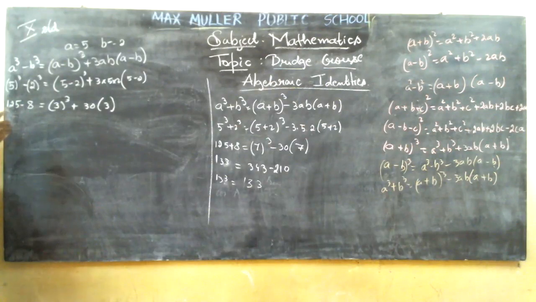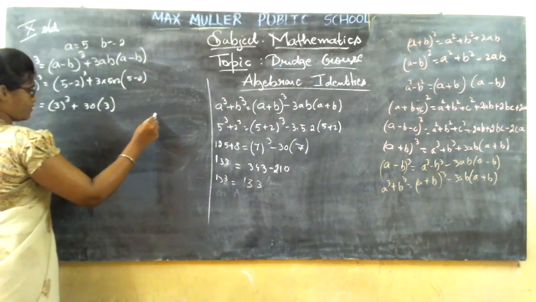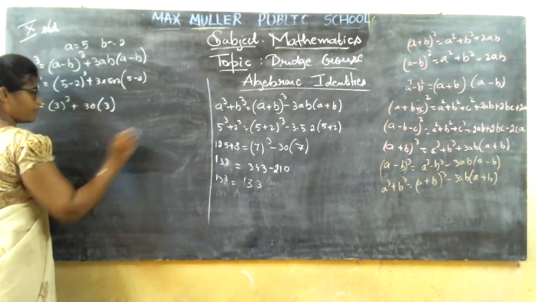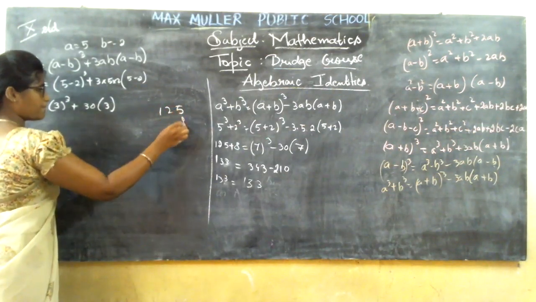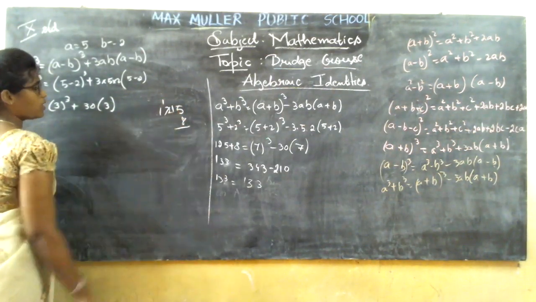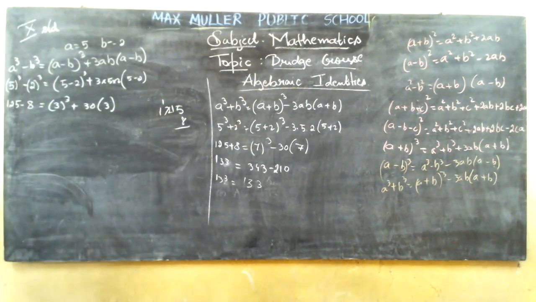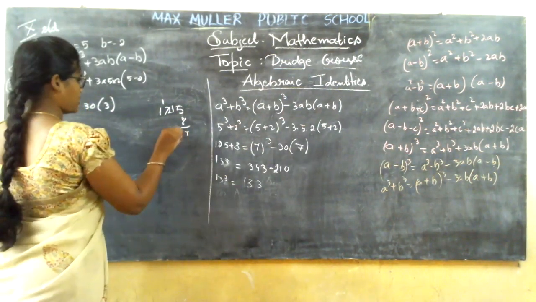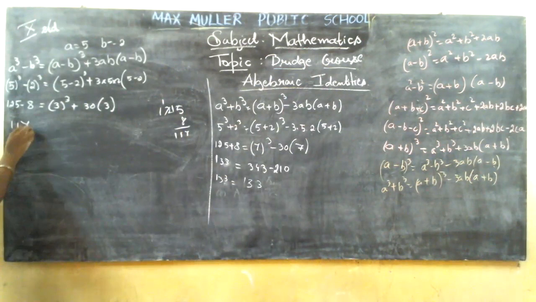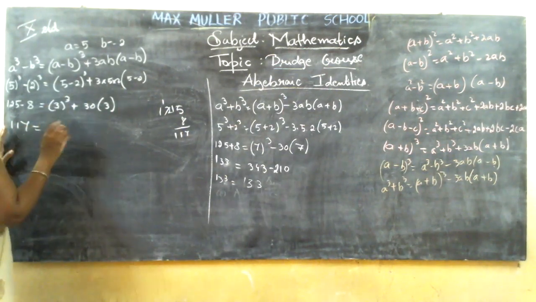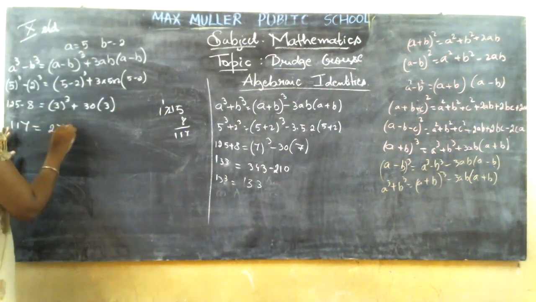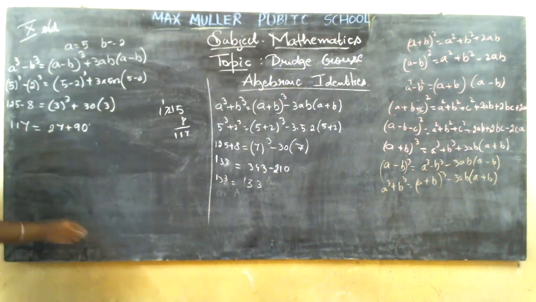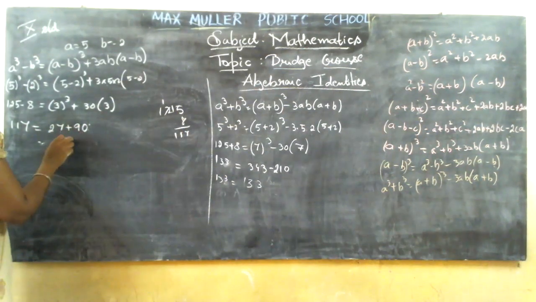So if you subtract 8 from 125, it is 117. Then 3 3s are 9, 9 3s are 27, plus 90. So 7 plus 0 is 7 itself, 9 plus 2 is 11.